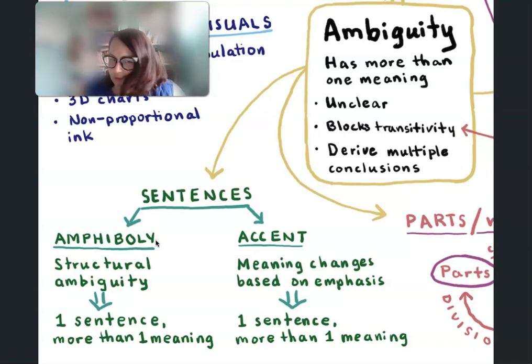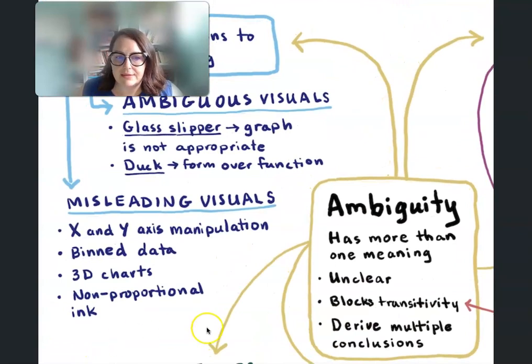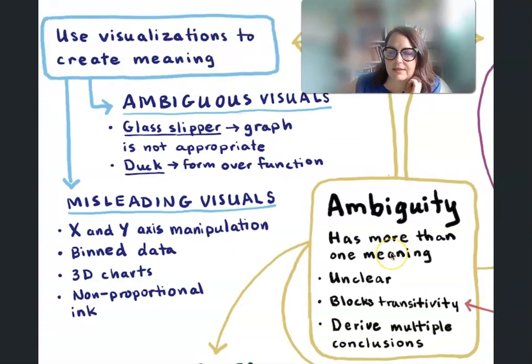And so then also we can have ambiguity in how things are represented. And part of that is just that we're trying to represent things about the world, and every time we have a layer of representation or abstraction, we're going to lose some of that detail. Here, using visualizations to create meaning, the visual can be ambiguous.